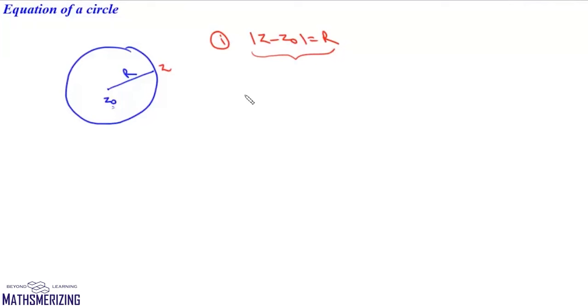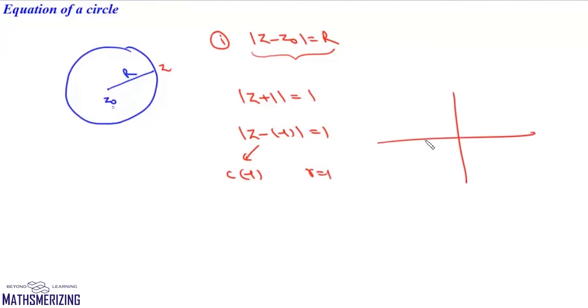Now say for example, suppose we have to plot this circle which is mod of z plus 1, it is equal to 1. Now we can write this as mod of z minus (minus 1), it is equal to 1. So it represents a circle whose center is at minus 1 and whose radius is 1 unit. So it will be this circle with center at minus 1 and radius 1 unit.